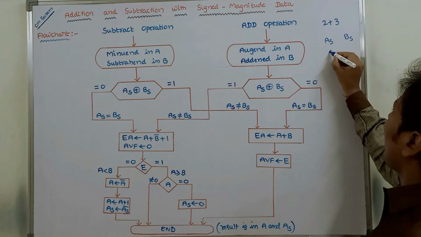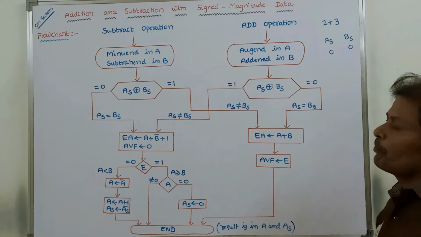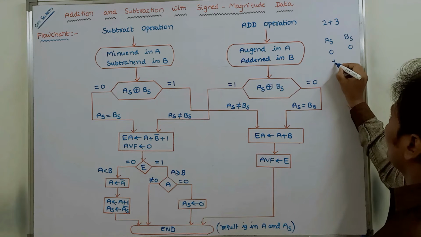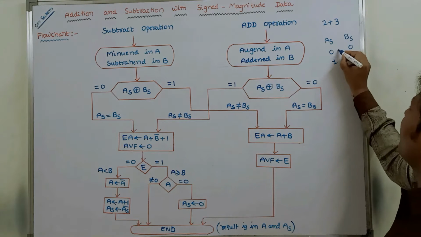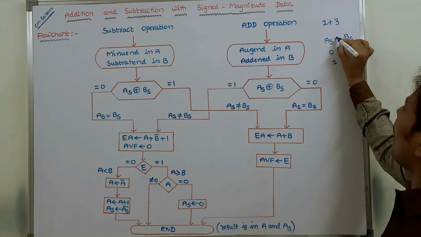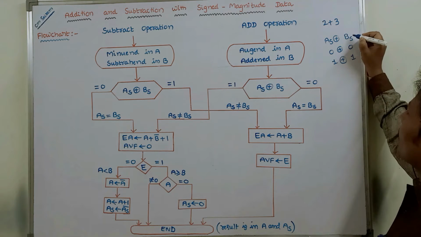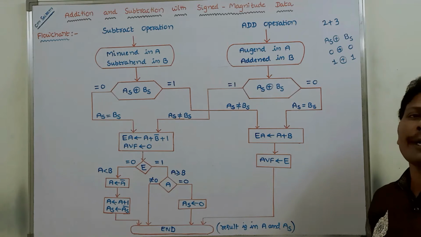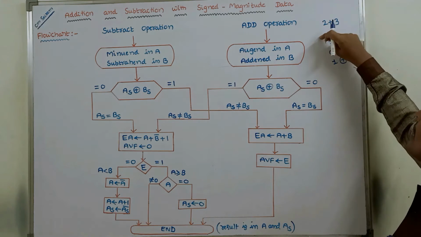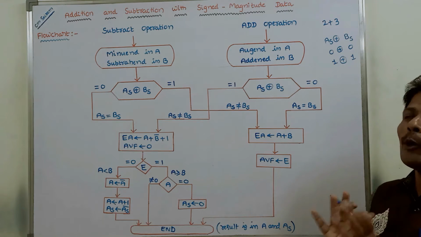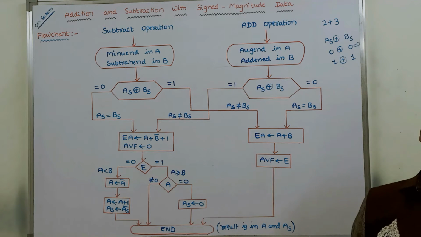Now we compare the sign bits of A and B. The A sign bit value is 0 and the B sign bit value is also 0. Next, the A sign bit value is 1 and the B sign bit value is 1. In between them, we perform the exclusive OR operation. Whenever both bits are the same, the output of the exclusive OR gate is 0.